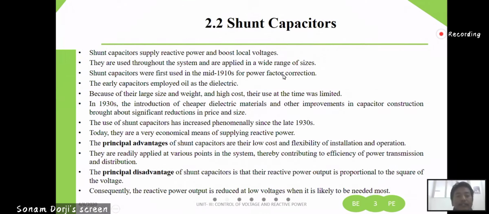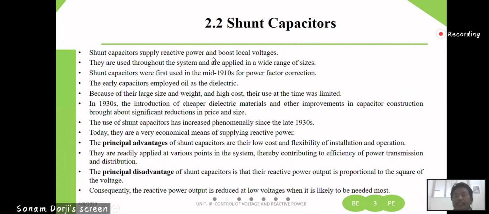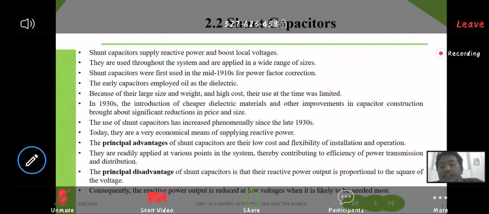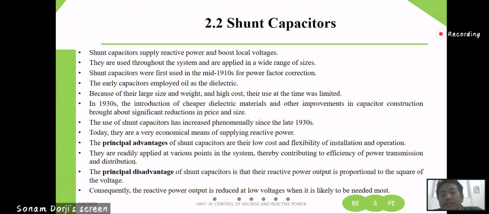Shunt capacitors supply reactive power and boost the local voltage, which means if the system voltage is below the acceptable range, you may have to use a shunt capacitor to bring it back to the acceptable limit by supplying reactive power.